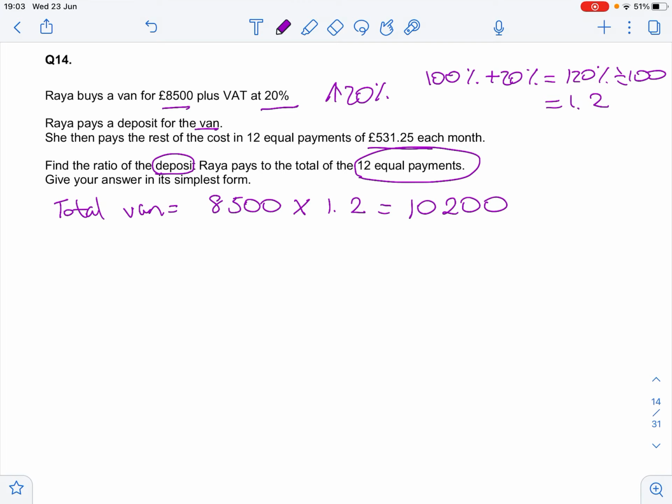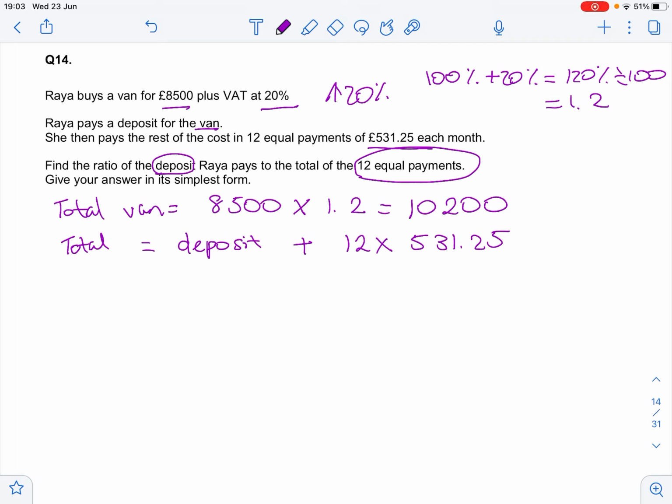And we are told that she pays a deposit and the rest in 12 equal payments. This means that her total payment is equal to her deposit plus 12 lots of the installments, which is 531.25.